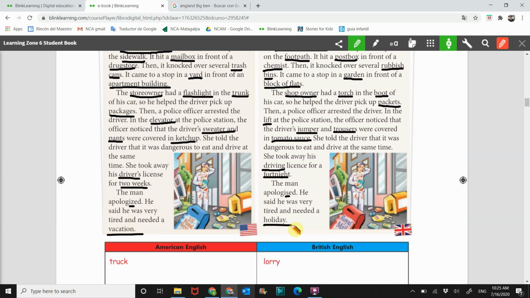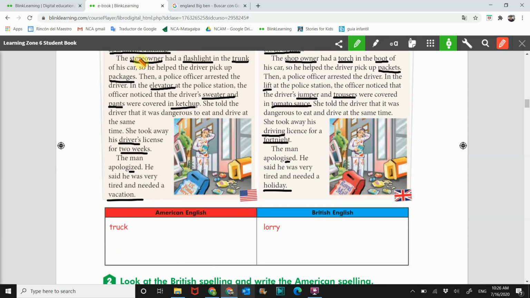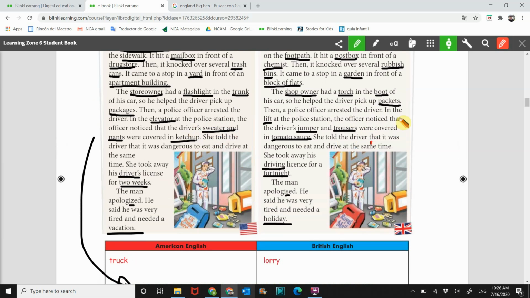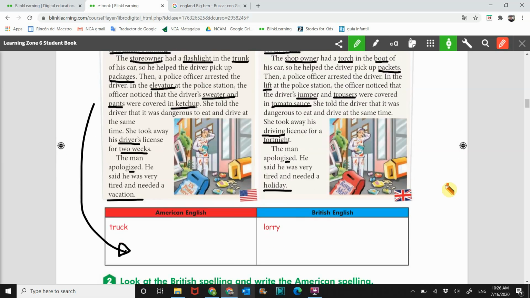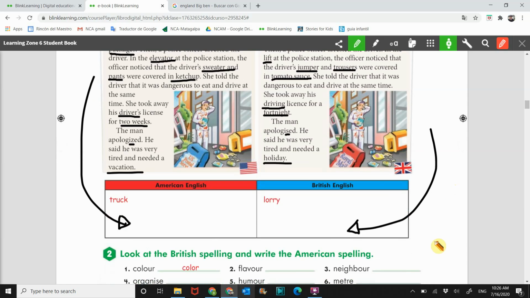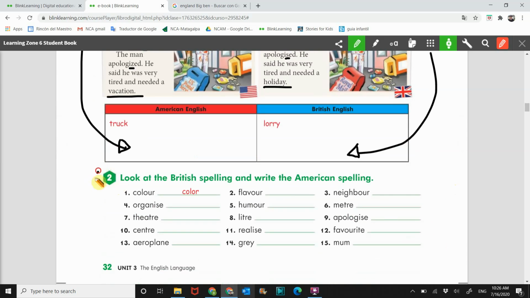It's just showing the difference between American English and British English. So in this square, all of these words that we underline together, you need to write in this square, and then all of these words write in this square. All right, so let's go to exercise number 2.